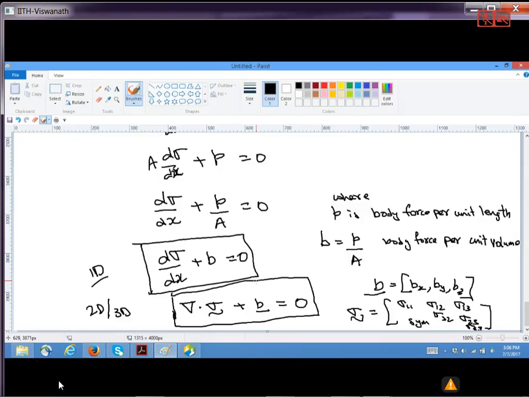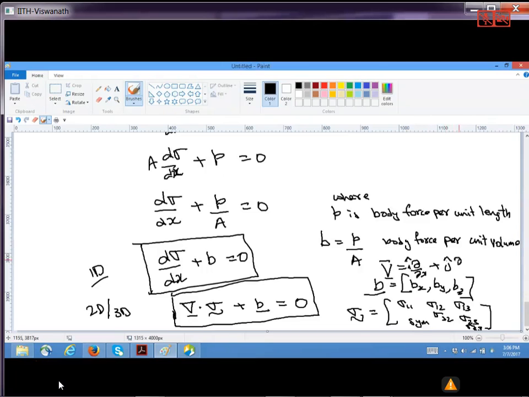And here del is an operator, which would be i hat dou by dou x plus j hat dou by dou y plus k hat dou by dou z.